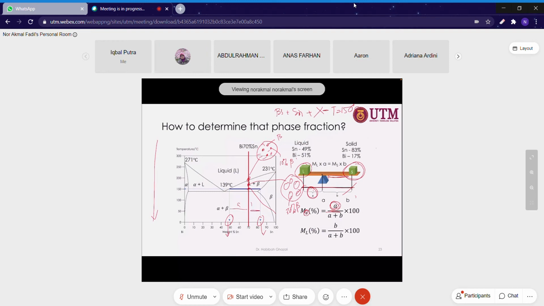Okay, A and B. So B is here. B is located at the right side, and liquid is located at the left side. So if you want to measure beta, which is a solid, you take A over the total length. How to measure the length? By using the unit of percentage tin inside the alloy.